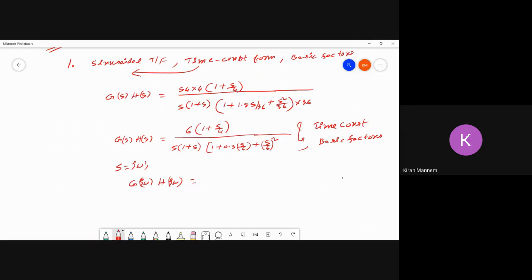It would be 6 into (1 plus jω by 4) by jω into (1 plus jω) into (1 plus 0.3 into jω by 6 plus (jω by 6) whole square), right? So step 1 is completed. We will see steps 2 and 3 in the next class.